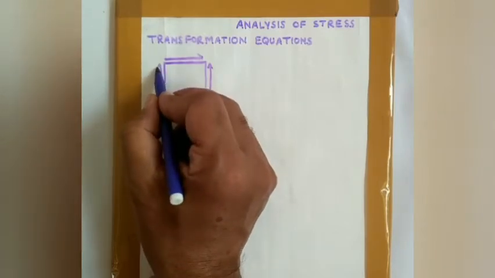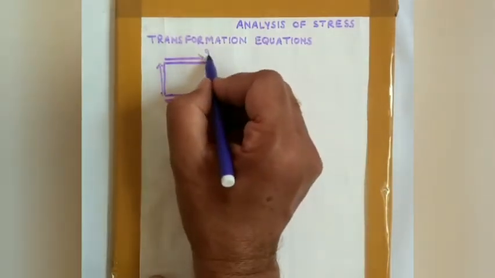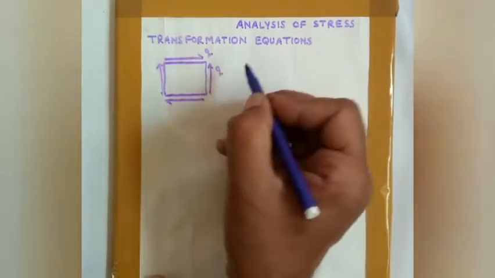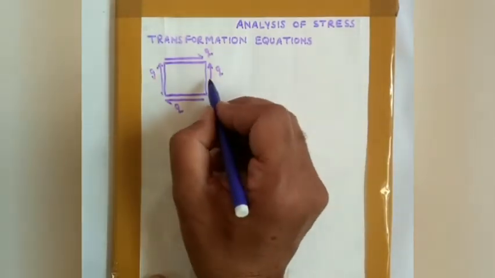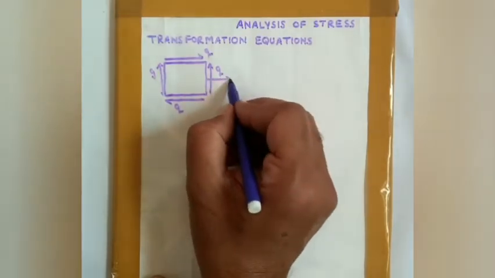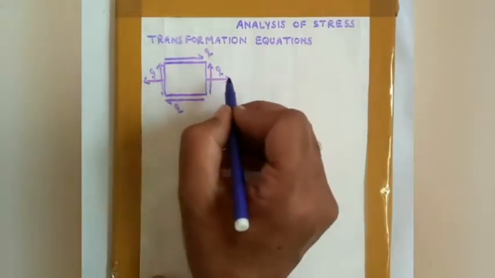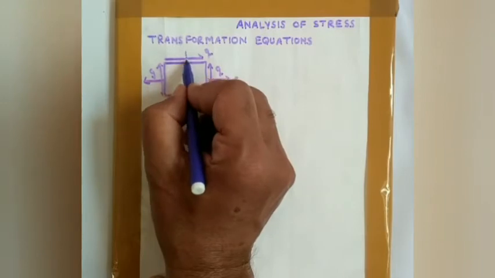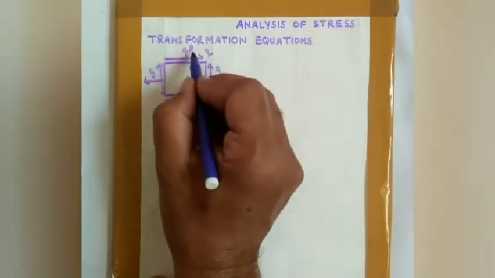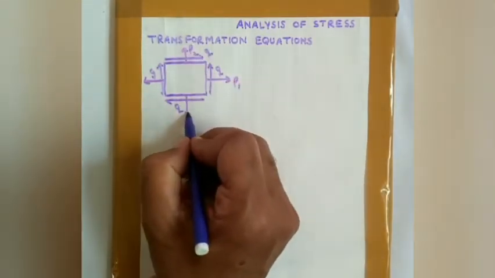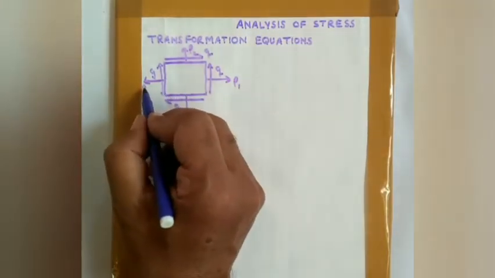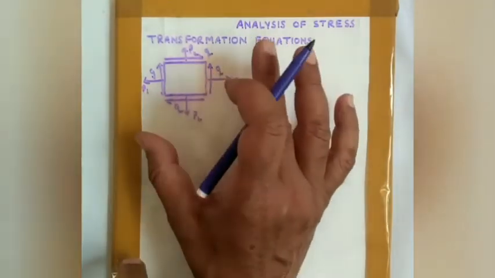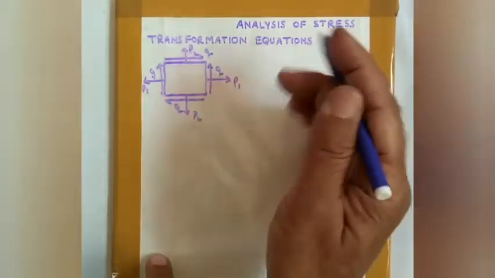So this is a state of pure shear. All the shear stresses are of equal magnitude Q, and then two normal stresses P1, P2 acting in mutually perpendicular directions. So this is the plane stress system.